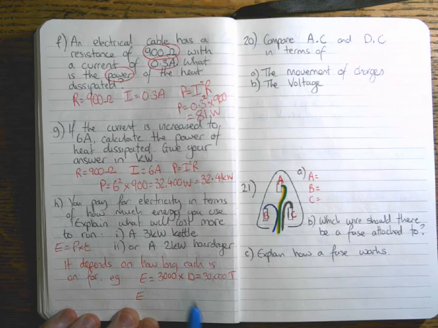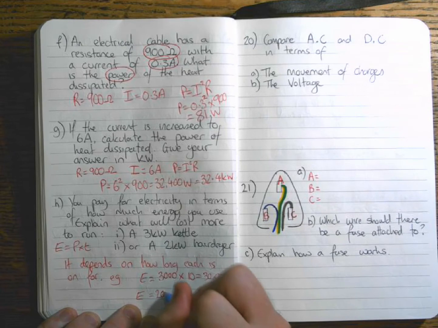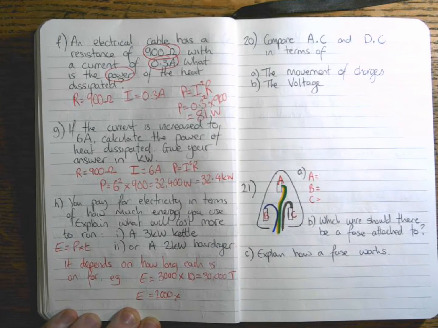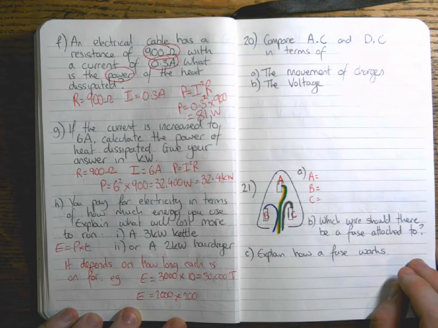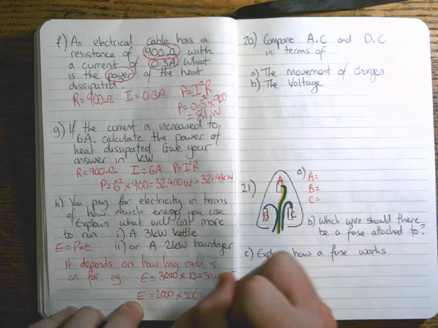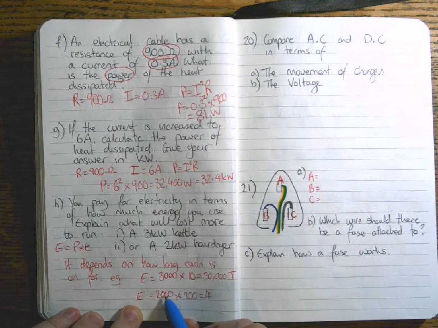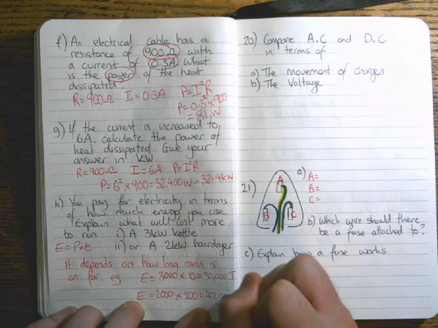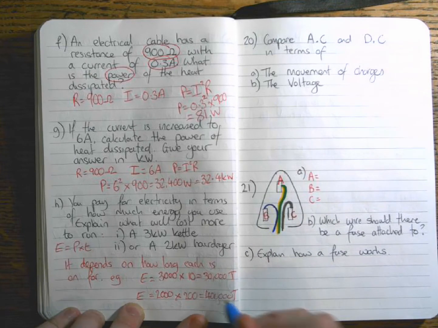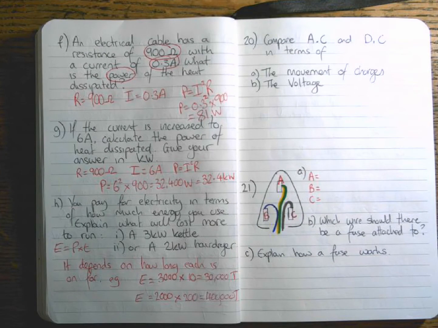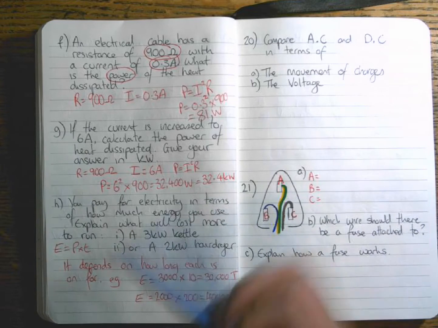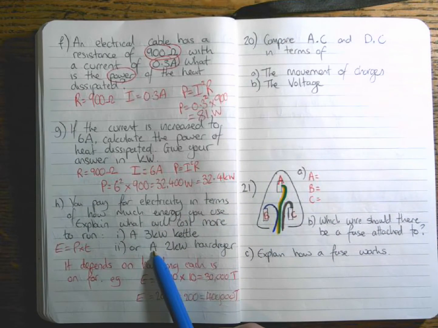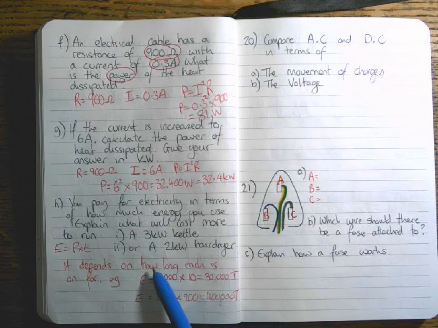But if you've got the 2 kilowatt hairdryer, so power is 2,000, and that's on for 200 seconds, say you're drying your hair for just over 3 minutes, well, then we're using 400,000 joules or 400 kilojoules. So even though the kettle uses more energy per second, 3 kilowatts means 3,000 joules per second is being transformed, if it's not on for as long, then it's not going to cost as much.